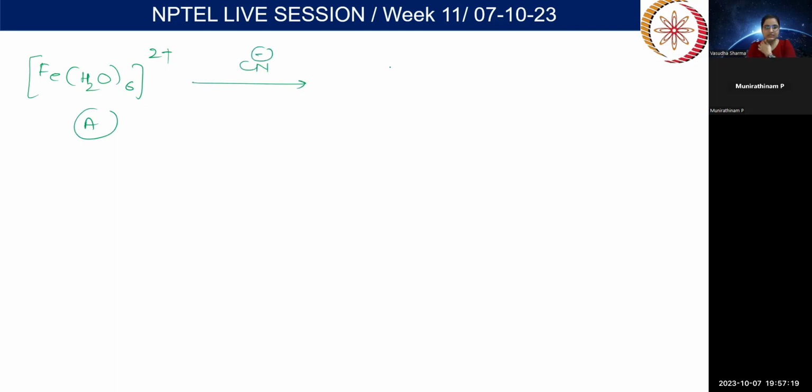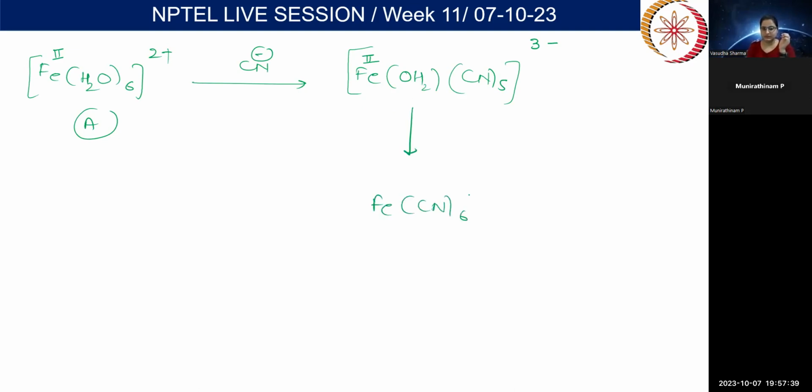Firstly, one CN is going to form this kind of structure. Five of the CN are going to replace the water molecules, and it stays in iron +2 only, because there is no reducing or oxidizing agent we are using, and ultimately it would be CN6 4 negative, which is also +2, right?